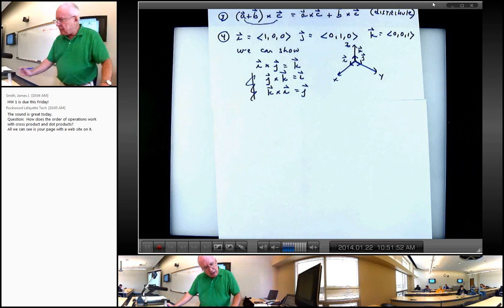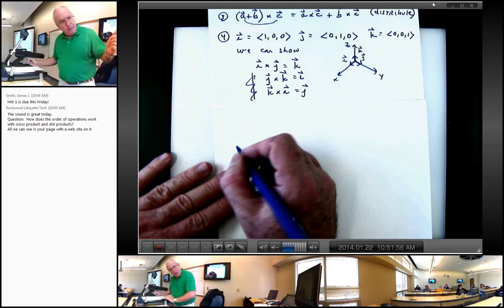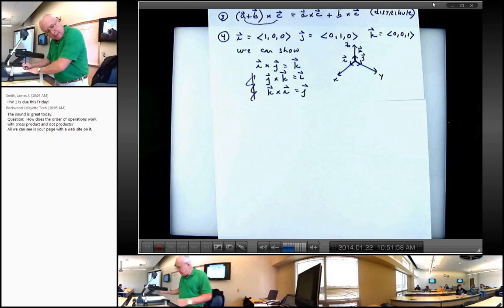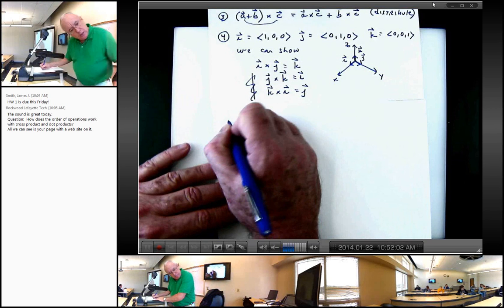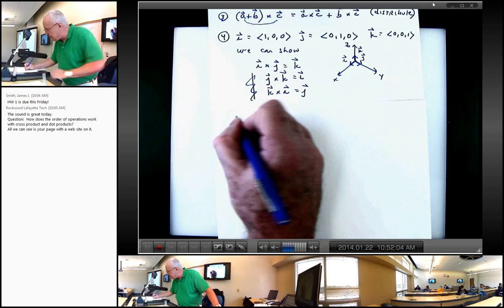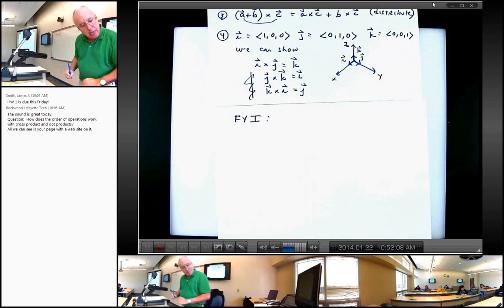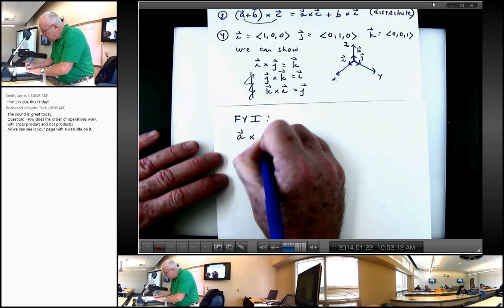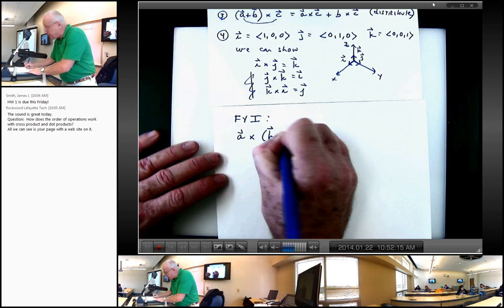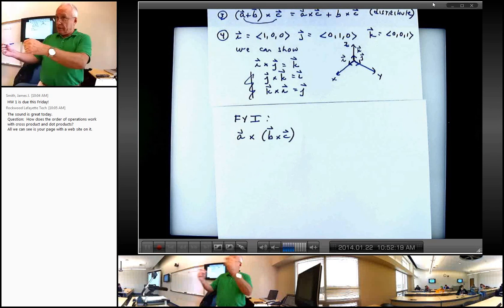I will put this one thing down, because I'm not even going to cover this, but this applies to the question that you asked, Lafayette. So I'll just put this as an FYI, all right? A cross B cross C. So we take the cross of B and C, and then we take A cross that.